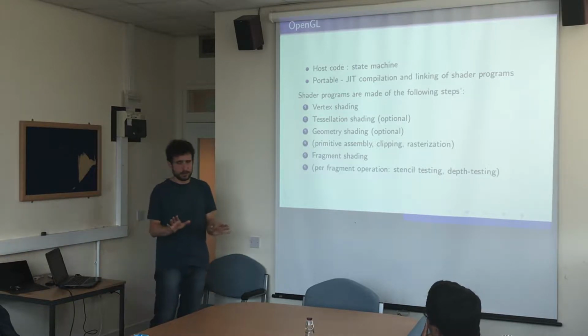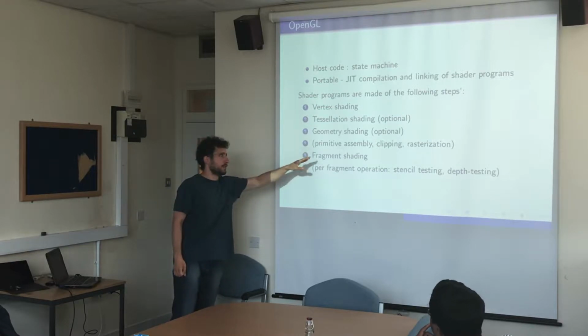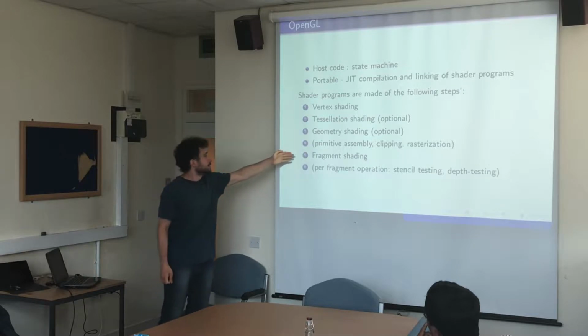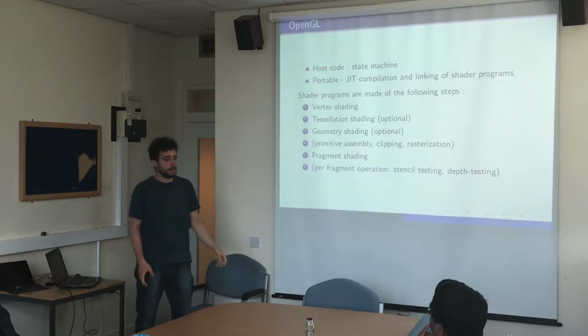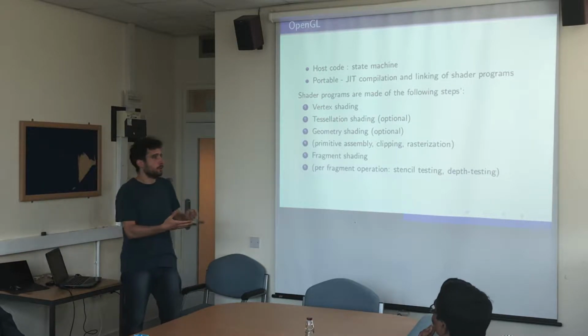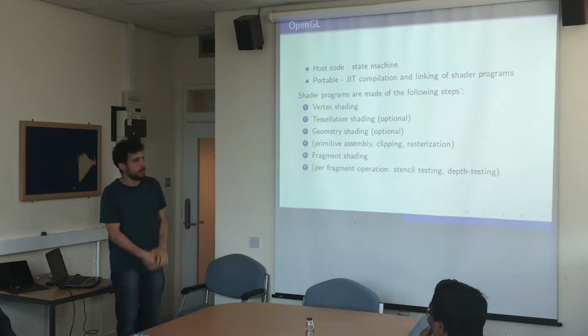Then there's another step which is actually done automatically by OpenGL, and then there's the so-called fragment shading, which is basically when the GPU computes the color of each pixel on the screen.